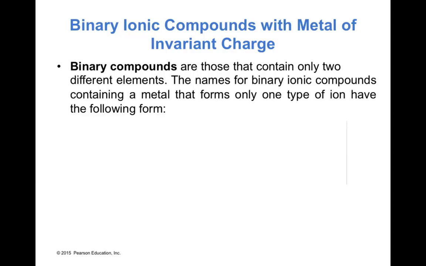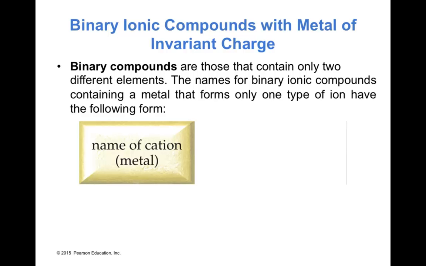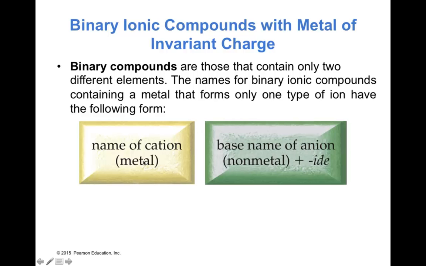So, binary ionic compounds with metals of invariant charge. Binary compounds are those that contain only two different elements. The names for binary ionic compounds containing a metal that forms only one type of ion have the following form: the name of the cation, or the name of the metal itself, and the base name of the anion with the ending IDE.